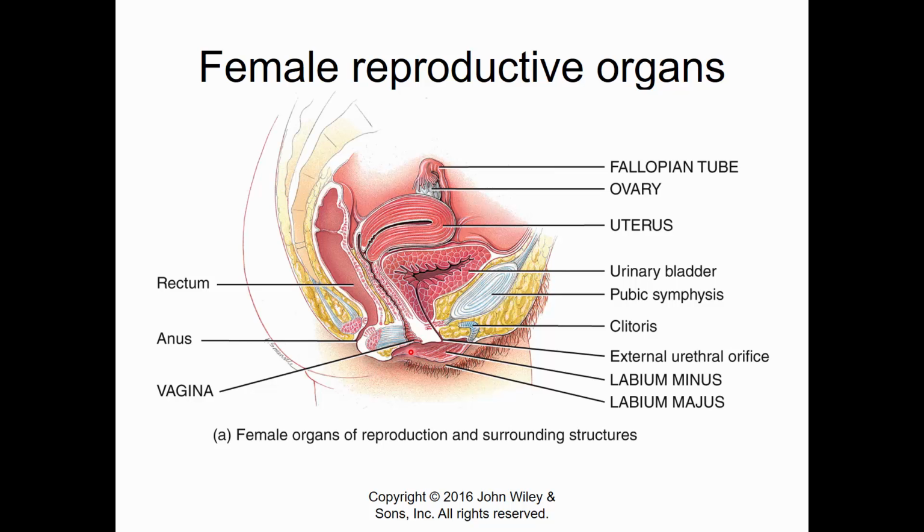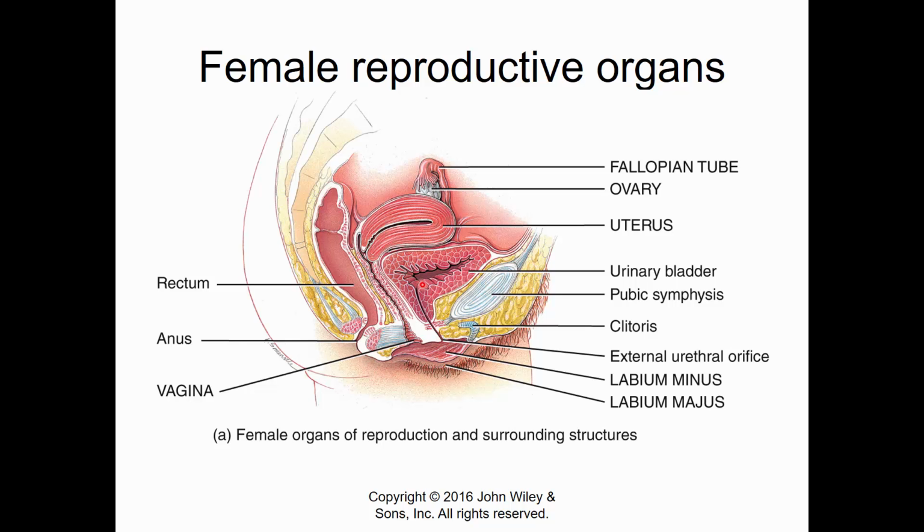The vagina opens up into a space called the vestibule. On either side of the vestibule are the labia, and then there's a sensory organ called the clitoris. Now notice that also opening into the vestibule is the opening to the bladder.